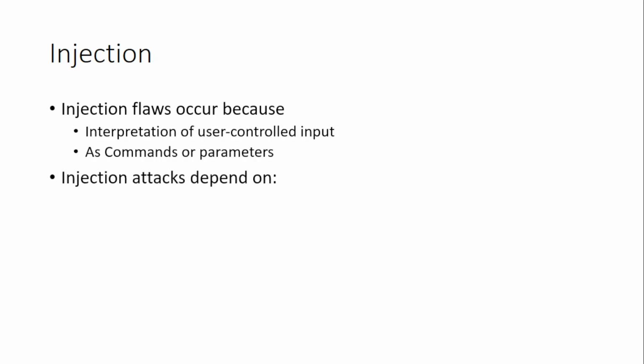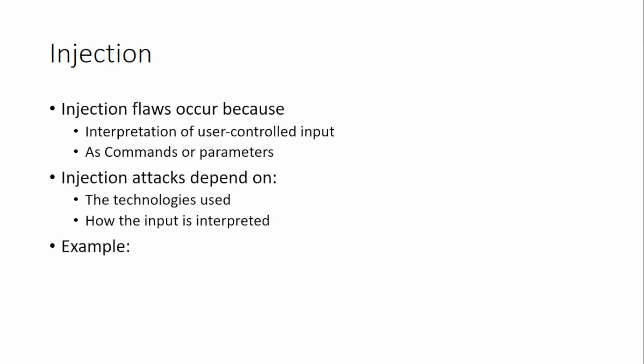Injection attacks depend on the technologies used and how the input is interpreted. For example, SQL injections occur when user-controlled input is passed to SQL queries, so an attacker can pass in SQL to manipulate the outcome of those queries.